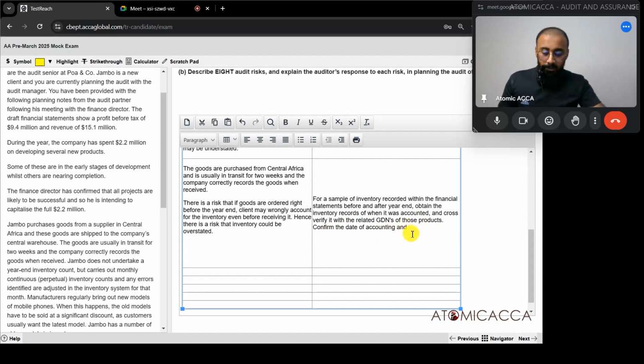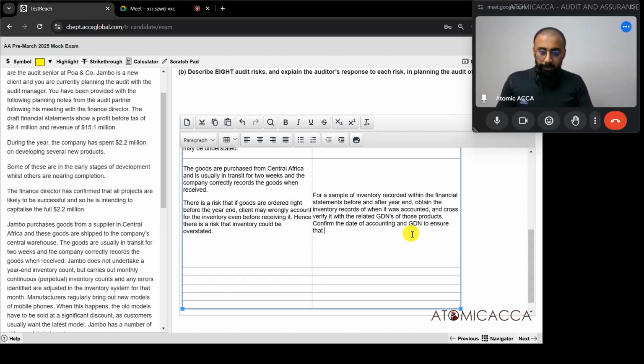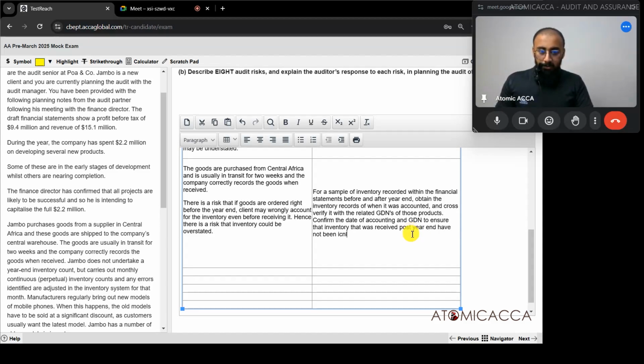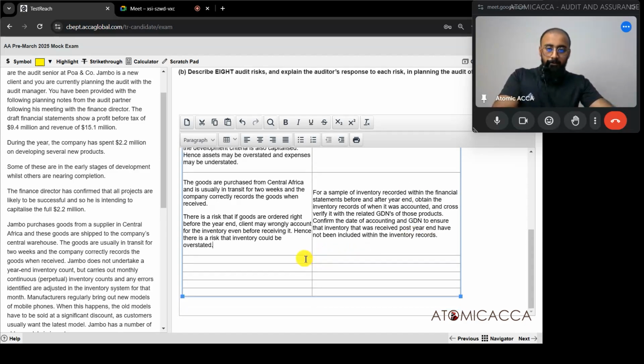Confirm the date of accounting and GDN to ensure that inventory that was received post year end has not been included within the inventory records. Okay, so that is over.